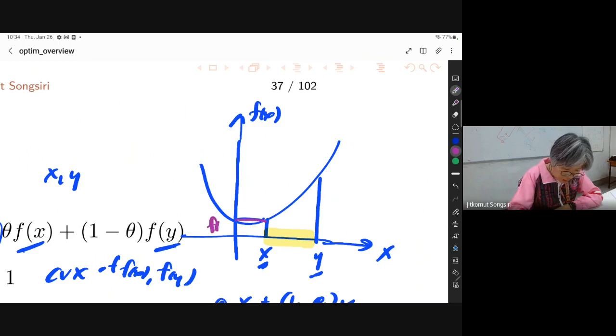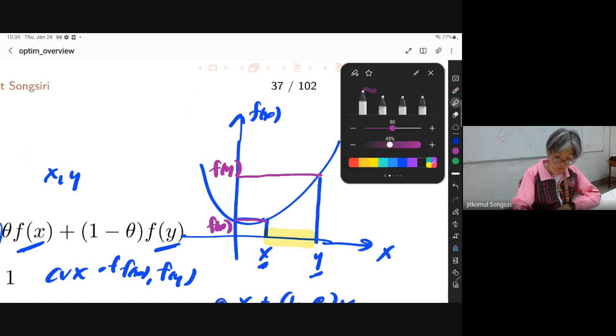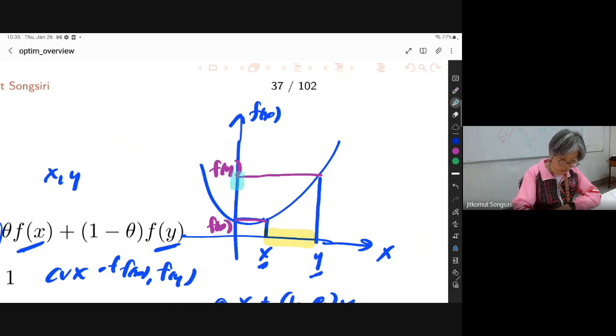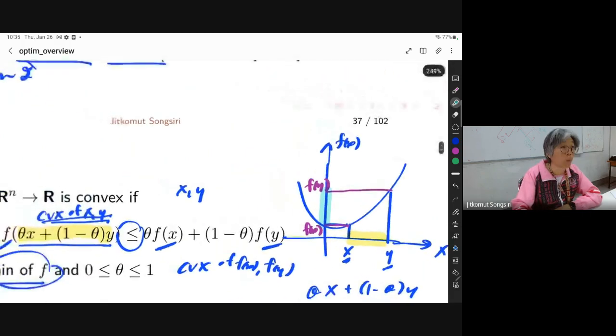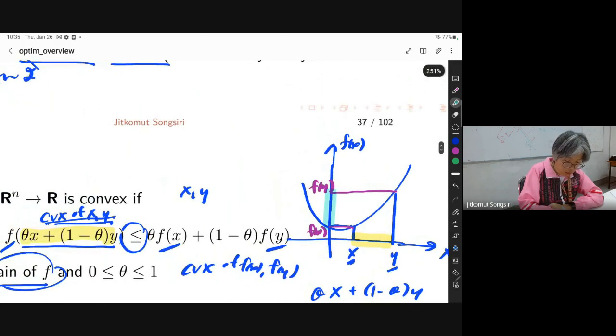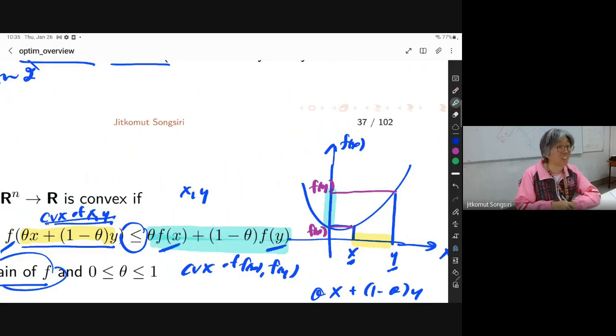This is my f(x). This is my f(y). Where is my convex combination of f(x) and f(y)? Between f(x) and f(y). So this is the right hand side of the inequality.